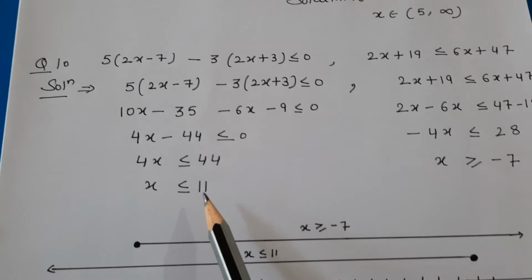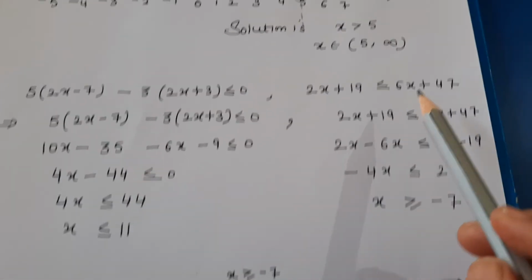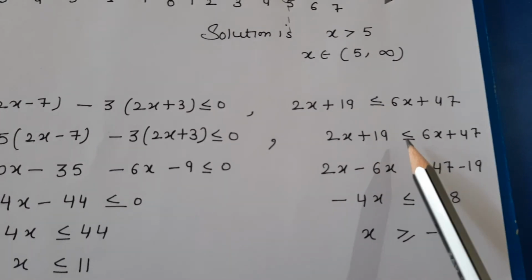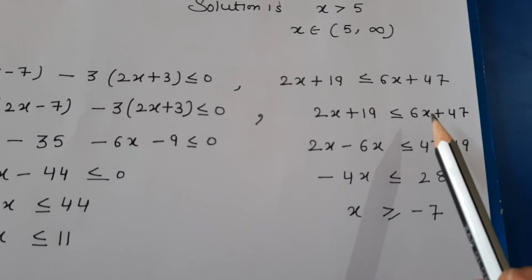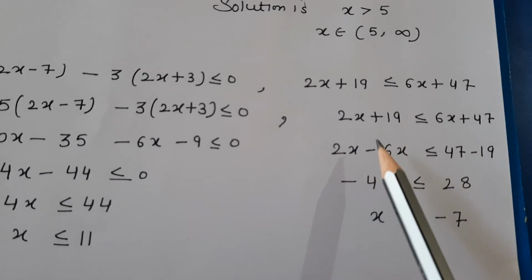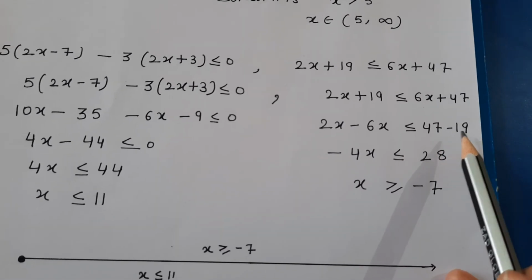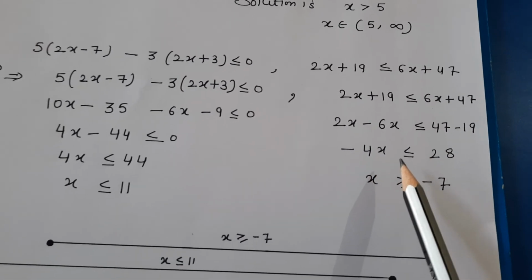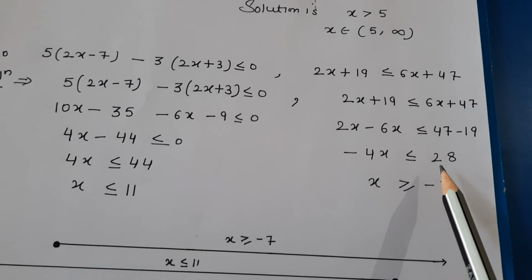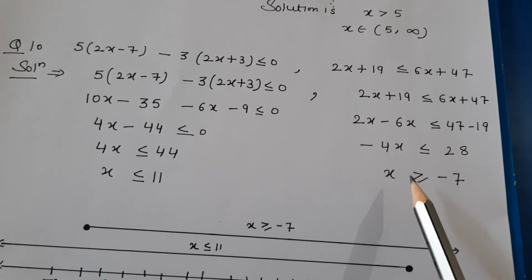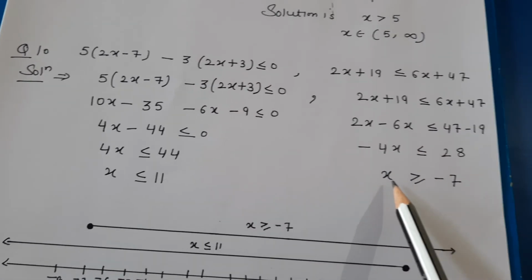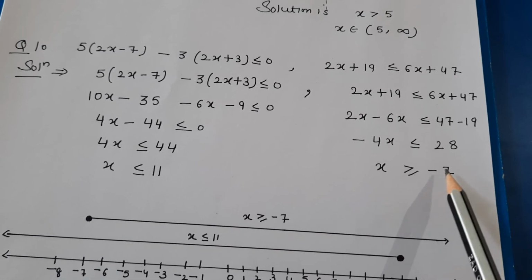That means x will be less than or equal to 11. Same here, 2x plus 19 is less than or equal to 6x plus 47. So this is 2x minus 6x is less than or equal to 47 minus 19. Minus 4x is less than or equal to 28. Divide by minus 4, the sign of inequality will change. You will get x is greater than or equal to minus 7.